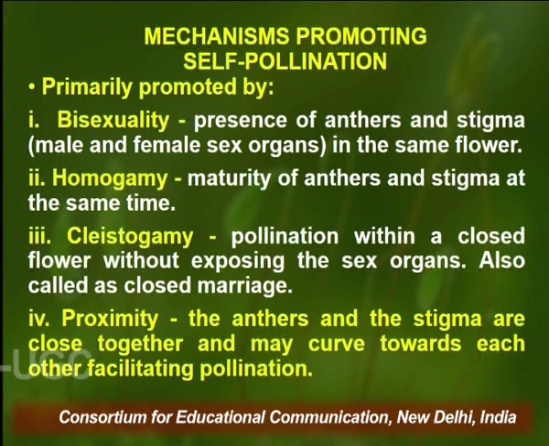The fourth feature here is that the anthers and stigmas are close together and they may curve or move towards each other in the longer run and facilitate pollination. So, if the anthers and stigmas are very close to each other, whenever the anthers dehisce, all the pollen will fall on the stigma if it is nearby.